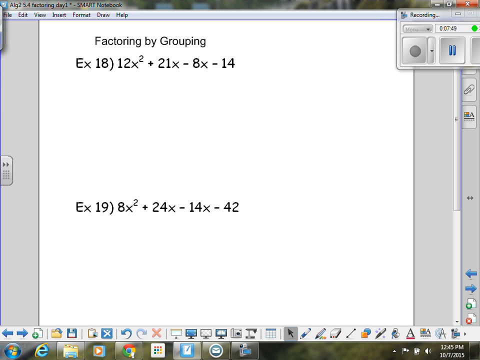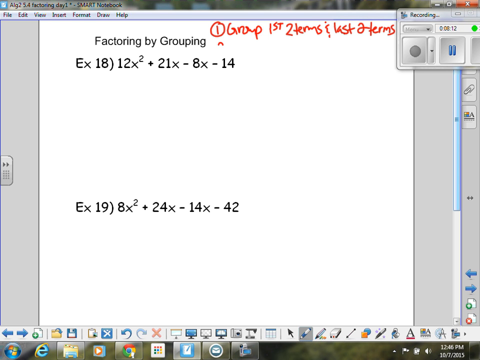And this is factoring by grouping. What we're going to do here is three things. First, I'm going to group the first 2 terms and the last 2 terms. And when I say group, I mean put parentheses around them.